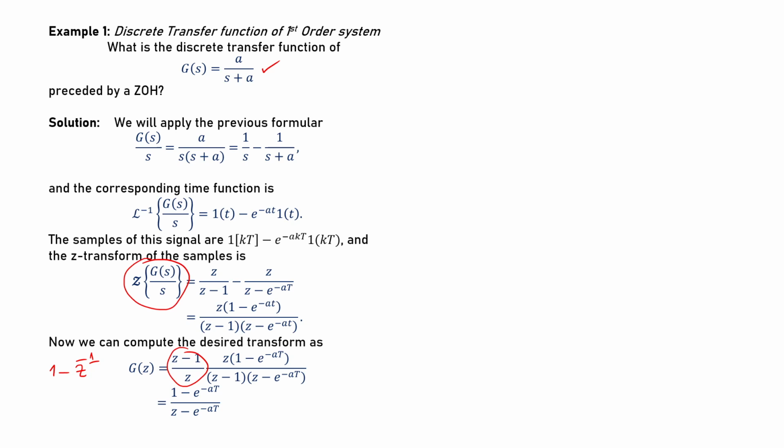And then after you make the simplification, you can have G of Z as this. Okay, so this is the transfer function or the Z transform of the system that you have zero order hold in the control input. So the input is a stair-like control input, right? A stair-like curve, not a smooth curve.